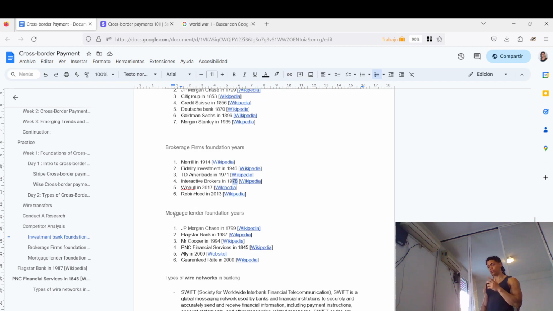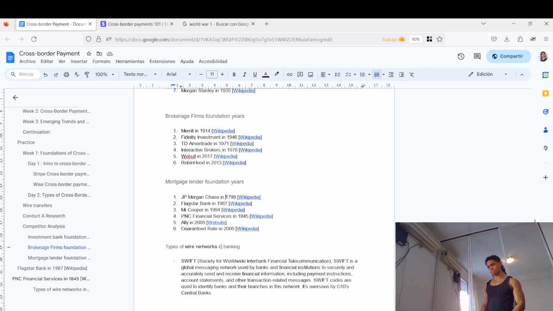So they're useful for buying a house, for example. JP Morgan Chase in 1799, Flagstar Bank, Mr. Cooper in 1894, PNC Financial Services in 1845, Ally and Guaranteed Rate.